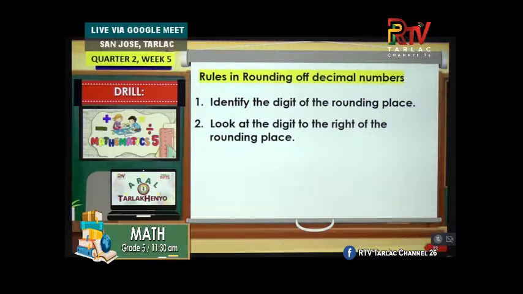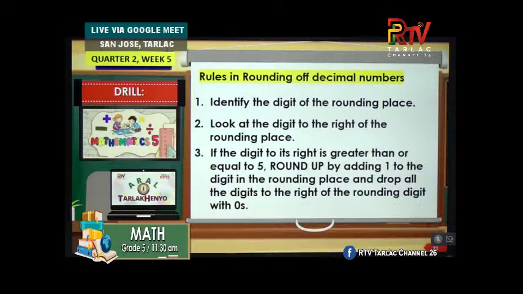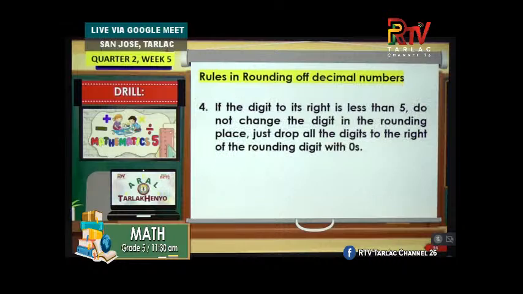Third, if the digit to its right is greater than or equal to 5, round up by adding 1 to the digit in the rounding place and drop all the digits to the right of the rounding digit with zeros. And lastly, if the digit to its right is less than 5, do not change the digit in the rounding place. Just drop all the digits to the right of the rounding digit with zeros.